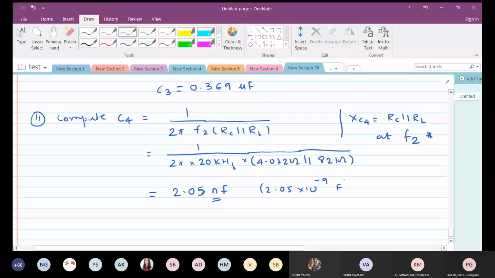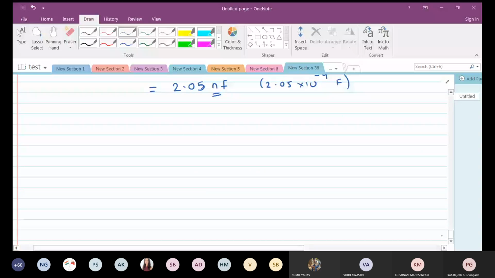So this completes the design of the common emitter voltage amplifier. Quickly let us list down the various values: RC, RE, R1, R2, C1, C2, C3 and C4. So what is the value of RC? 4.072 kilo ohms.